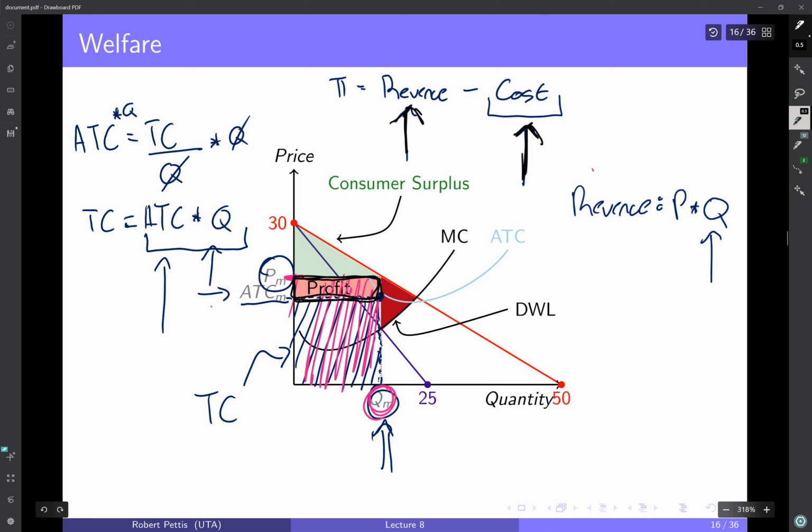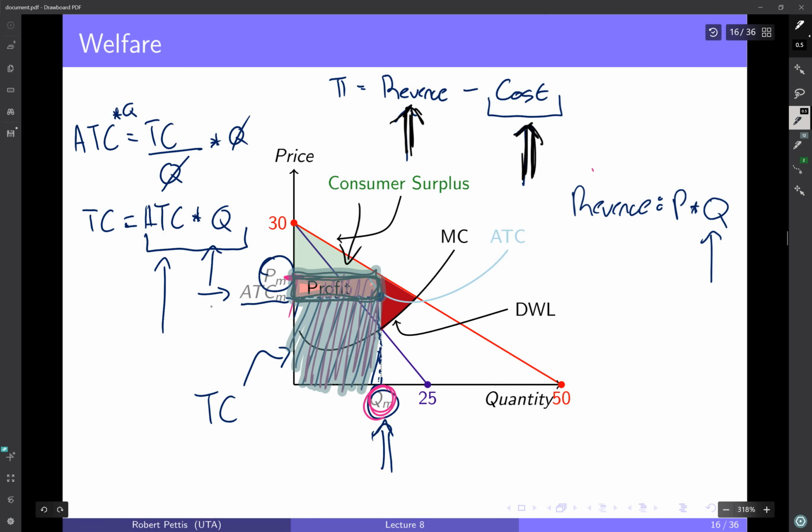Okay, so that's how we can calculate profit. We could just find the area of this thing. Alternately, we could find the area of revenue and subtract off the area of the cost, but that's one more step. If we could just figure out what the area of this little thing is right here, then that would just figure out what our profit was.